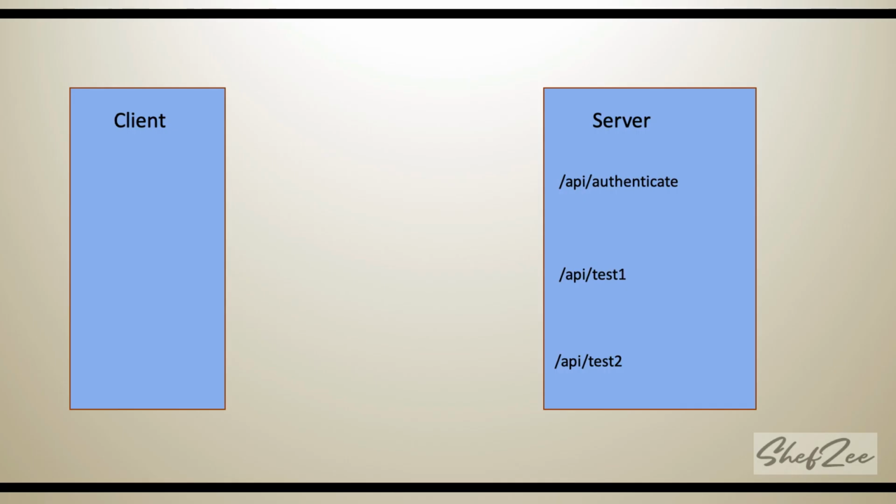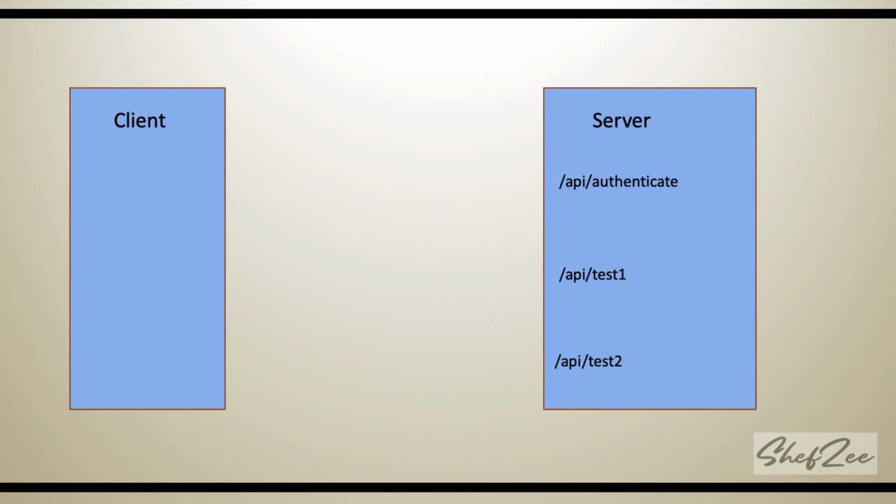In basic authentication, whenever the client was accessing your endpoint, it had to supply the username and the password. So every time that has to be there. In JWT, that's not the case. Let's see how it works. Let's say that you have a client and server application.